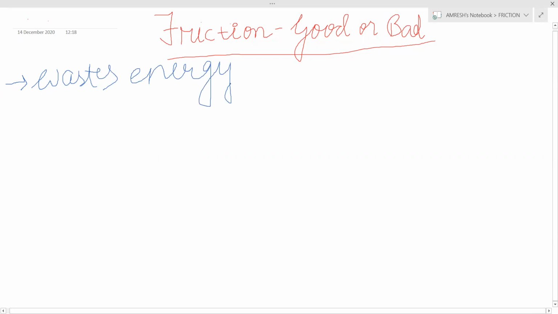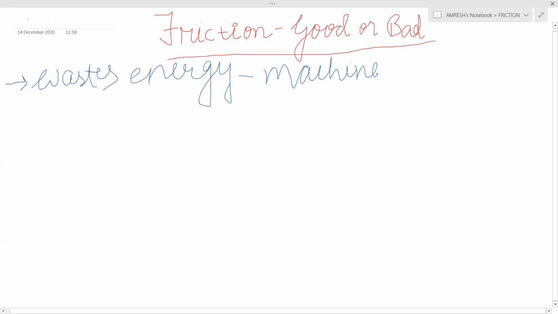If I give an example of a moving machine, suppose in a car, if the friction between the moving parts of the machine is less, then the car works better. You can give the example of a machine in a car, or the engine of the car.